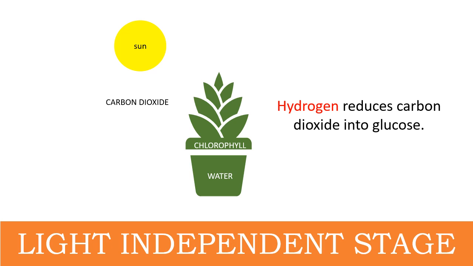In the first stage, our product is oxygen and hydrogen. But we will take note on this light-independent stage, hydrogen is used to reduce carbon dioxide to form glucose. And that is the simplest form of carbohydrates. Glucose formed and stored is a source of chemical energy.